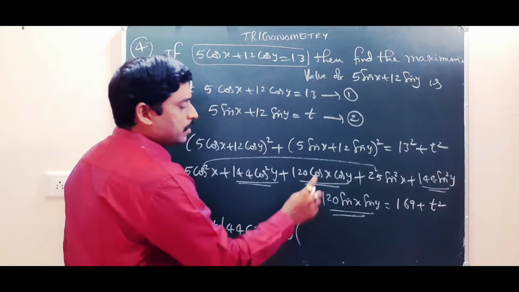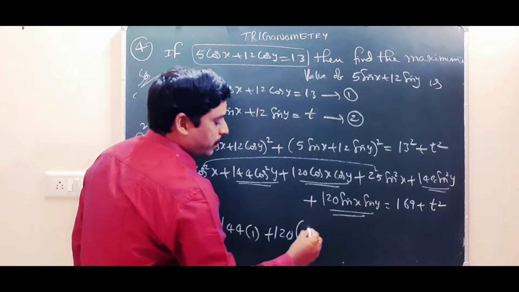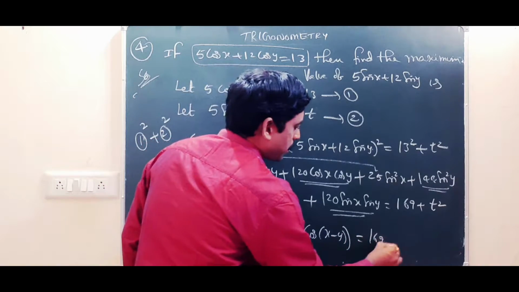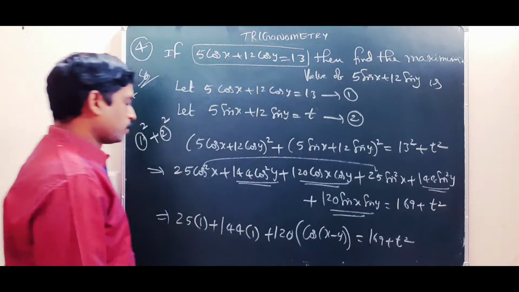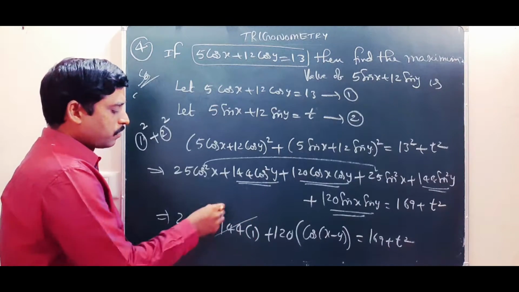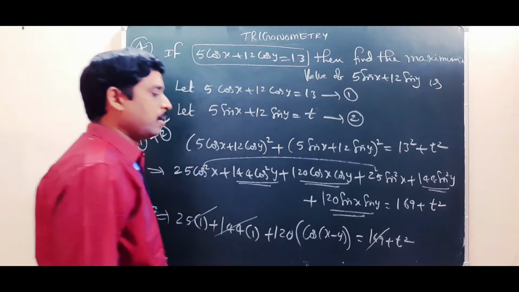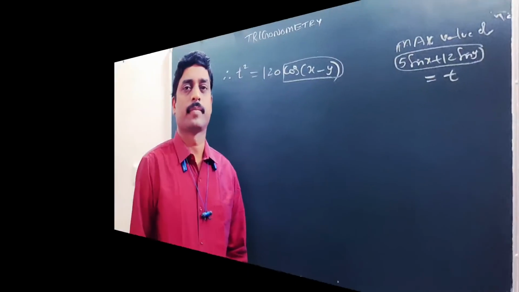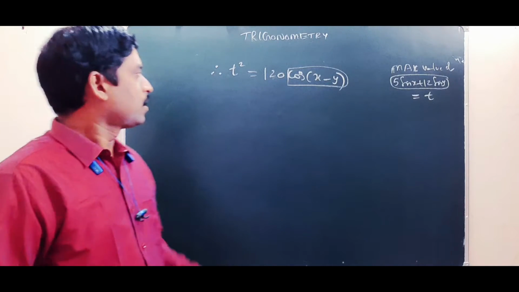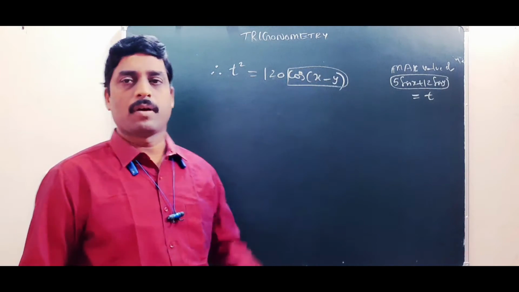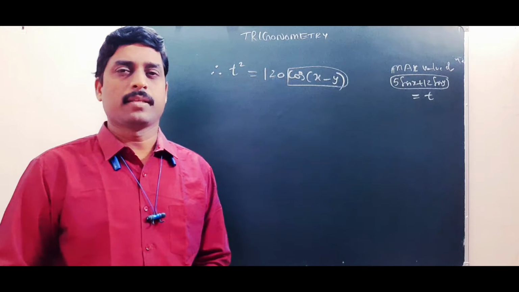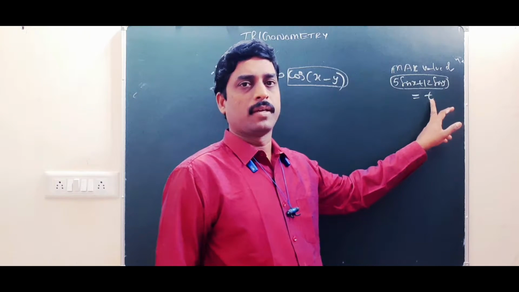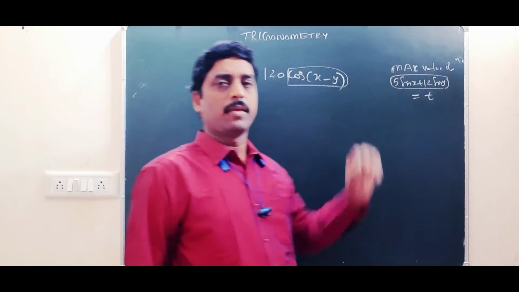So 120 into (cos x cos y plus sin x sin y), it will be cos(x minus y), equal to 169 plus t square. So 25 plus 144, 169 gets cancelled. So t square equals 120 times cos(x minus y). We have got t square value 120 times cos(x minus y). But our target, the maximum value of 5 sin x plus 12 sin y, is nothing but t. So the maximum value of t is our target.